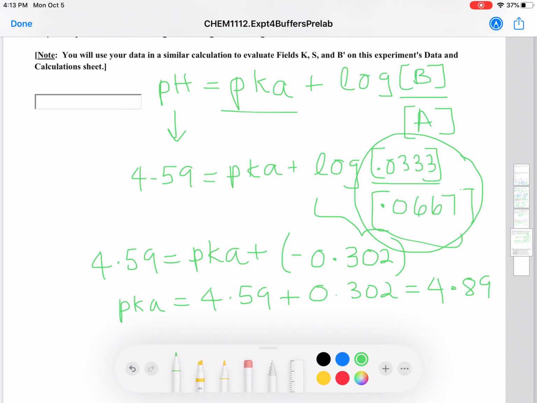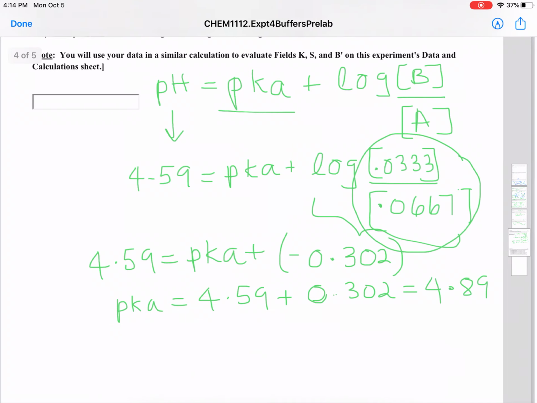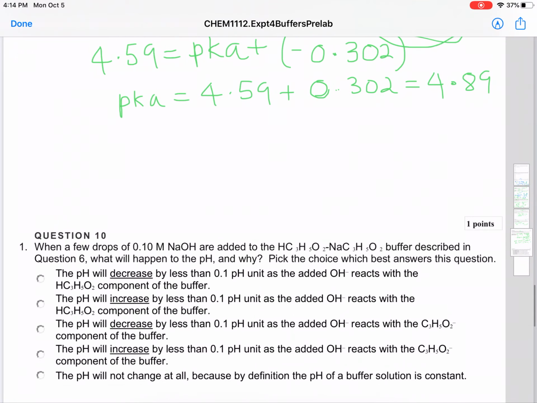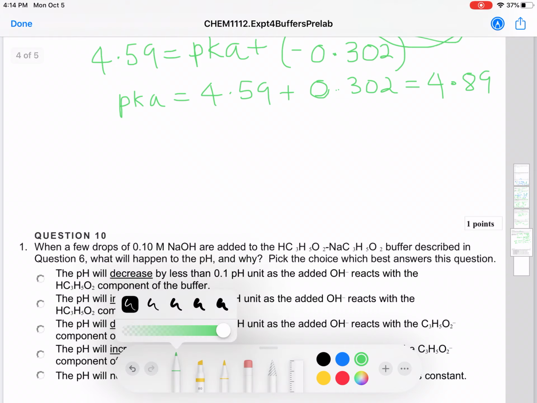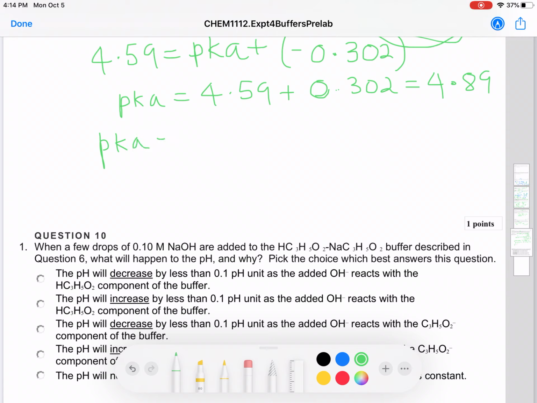What we want is the Ka. Again, pKa can be calculated similar to pH. pKa equals negative log of Ka, which is similar to pH equals negative log of H3O plus. So we know pKa.